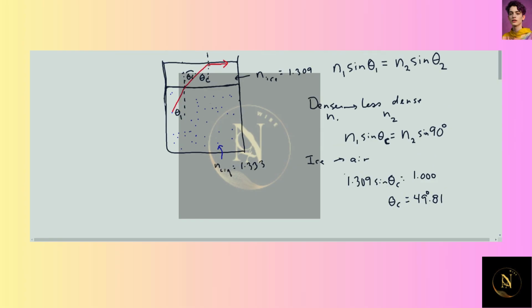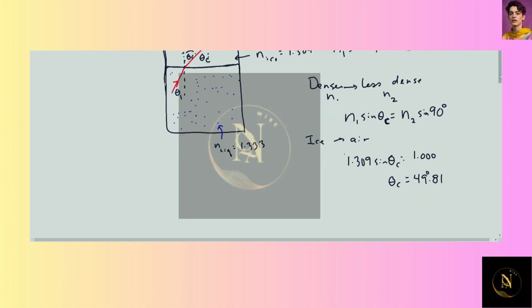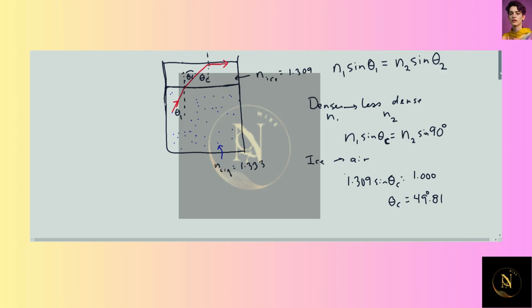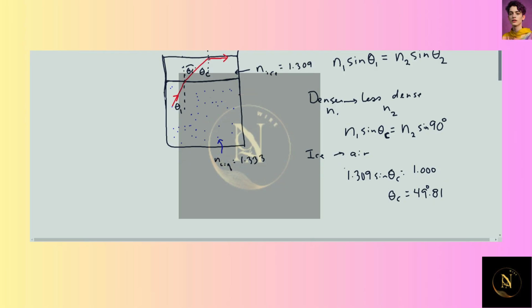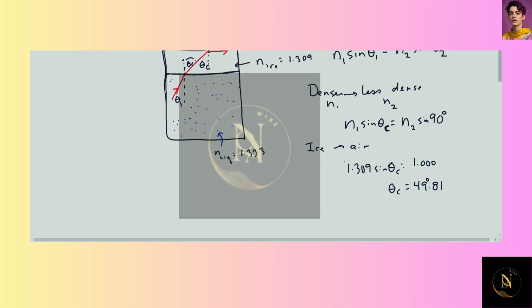For that, we're just going to use simple Snell's law. If the ice is a nice flat piece of ice, we'll assume that, then the ray coming from the water goes into the ice at the critical angle. So that makes life a little bit easier.